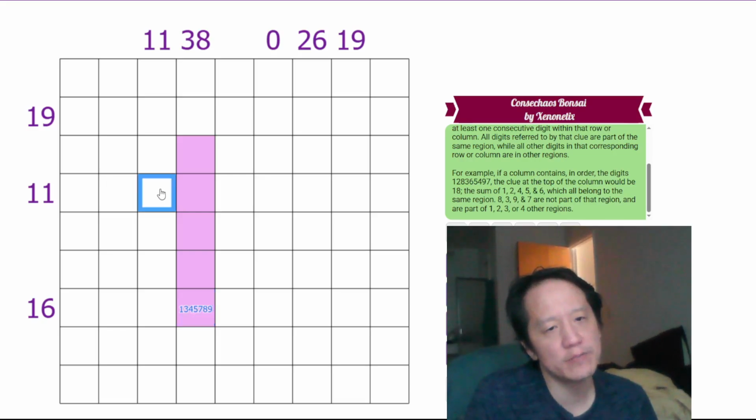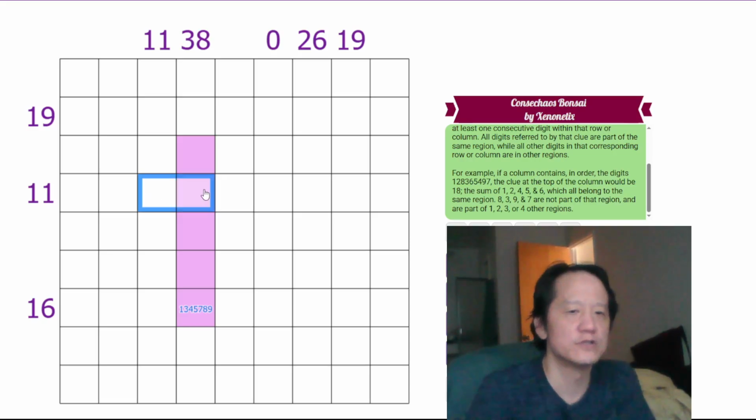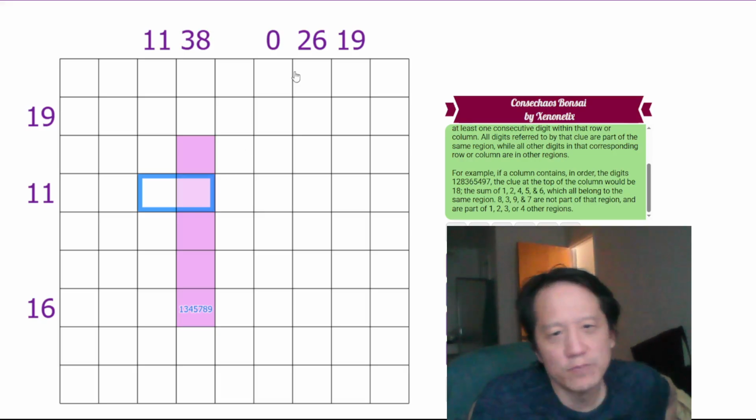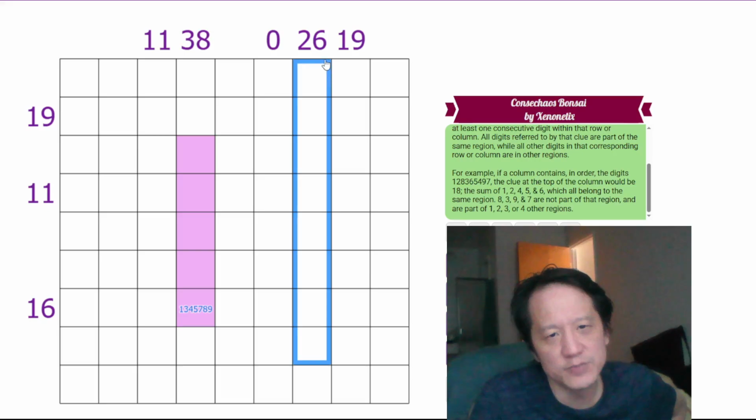So it cannot be... Huh. Interesting. The more digits you have, the more it does seem to restrict you, right?